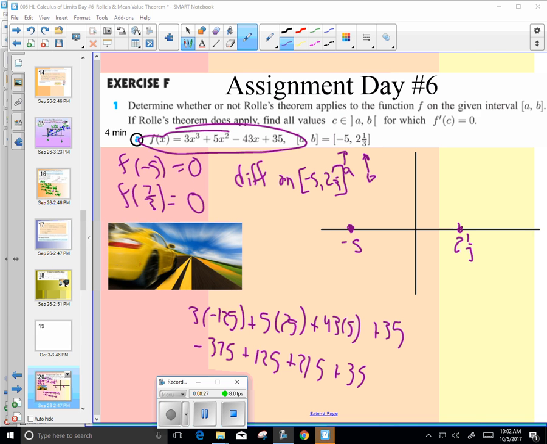All right? So then all you have to do is say the slope equals 0. So the derivative of x is going to be equal to 0. 9x squared plus 10x minus 43.